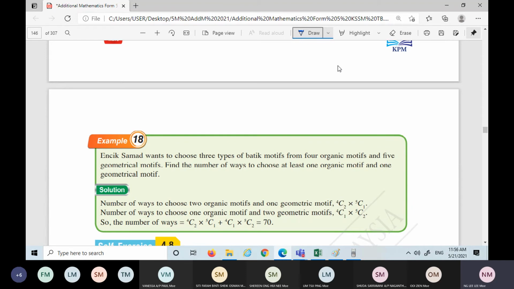Find the number of ways to choose at least 1 organic motif and 1 geometrical motif.